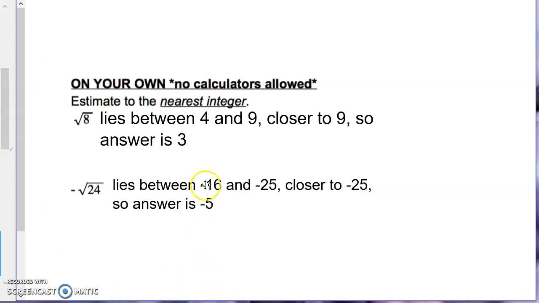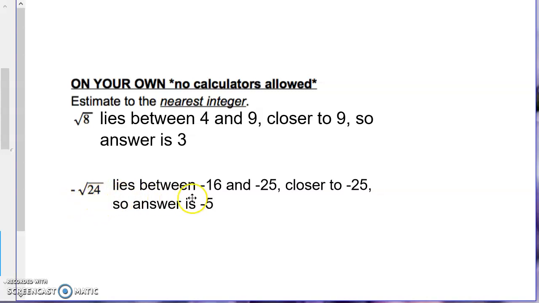All right, to check these two, the square root of 8 lies between the two perfect squares of 4 and 9. The square root of 4 is 2 and the square root of 9 is 3. 8 lies closer to 9, so I would approximate the square root of 8 to be about 3. Now this one's a little bit tricky because I put a negative in front. It really doesn't change too much, but you have to remember the negative in your answer.